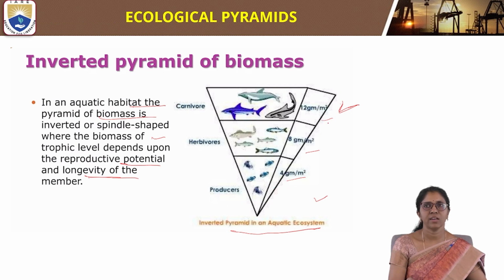The biomass of carnivores is 12 grams per meter square. So producers have lower biomass, carnivores have higher biomass. So this is the inverted pyramid of biomass, which is in the aquatic ecosystem.